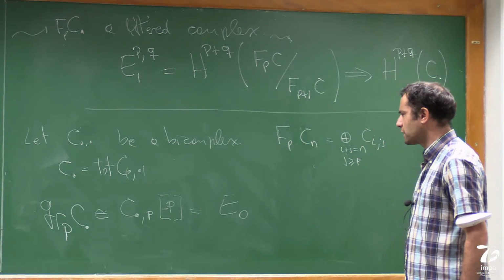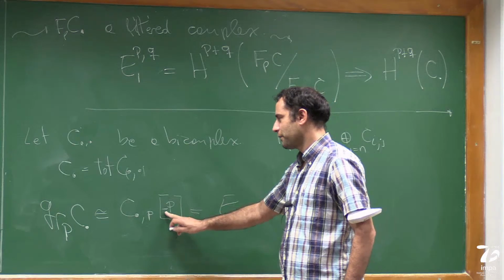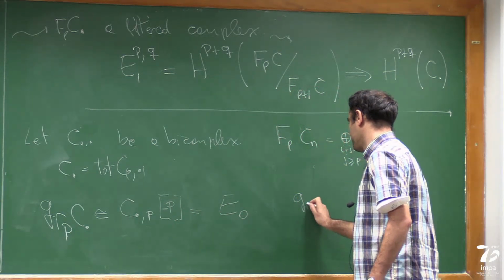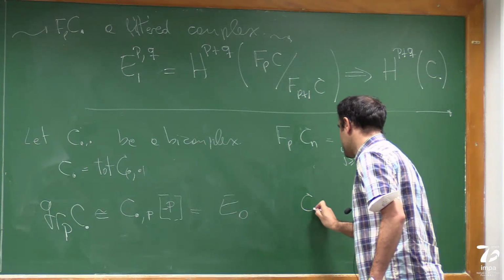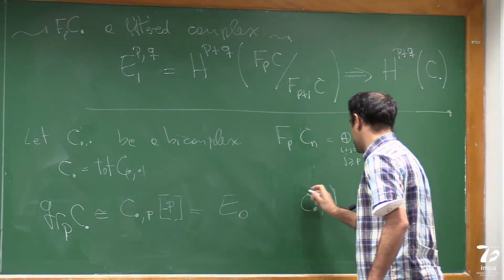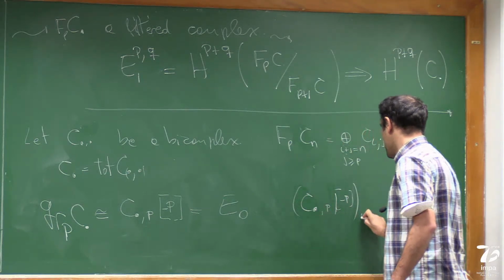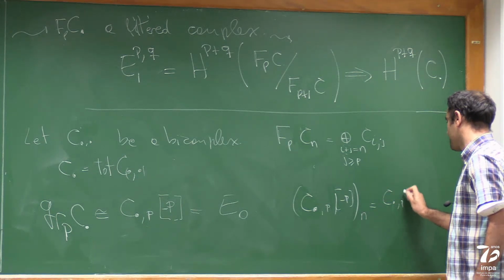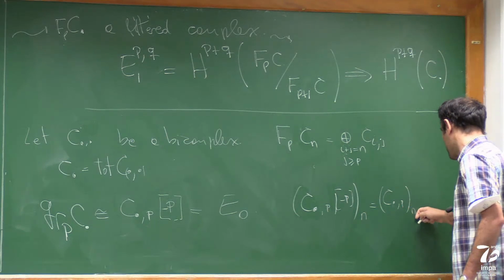Let's make sure that I've gotten this minus correct. Okay, so I look at this complex, shifted by minus p in degree n, and this by definition is this complex in degree n plus p, in degree n minus p.